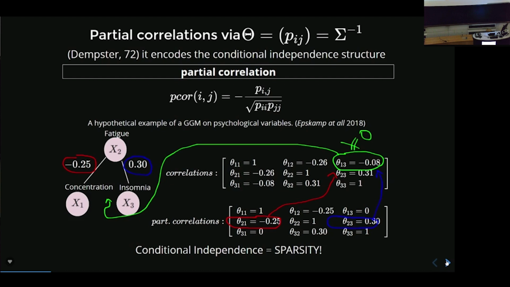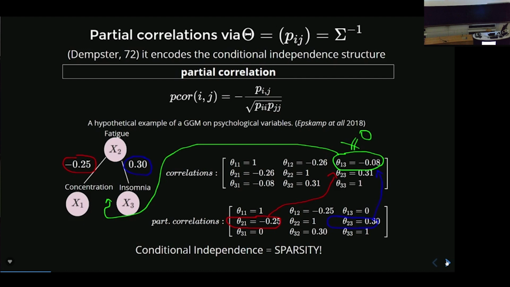If I was measuring correlation, I would think that there's a link between concentration and insomnia. But actually, they are linked through fatigue. So if I marginalize out, I can see that concentration and insomnia are independent conditionally on fatigue. Is that clear? Conditioning on the confounder. In the context that we are looking into, that is the neighbors of our variables. Okay?